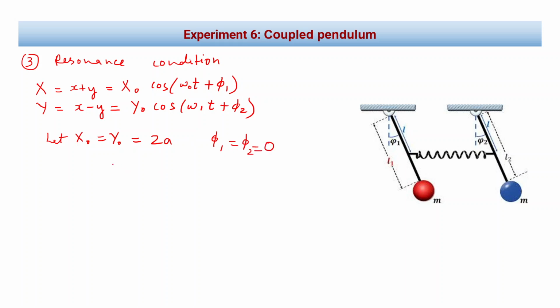Then, if we solve this, the small x value is actually half of X plus Y, and when we do some trigonometry, we get the solution in this form: 2a cos of (omega 1 minus omega naught) divided by 2 times t, times cos of (omega 1 plus omega naught) divided by 2 times t.